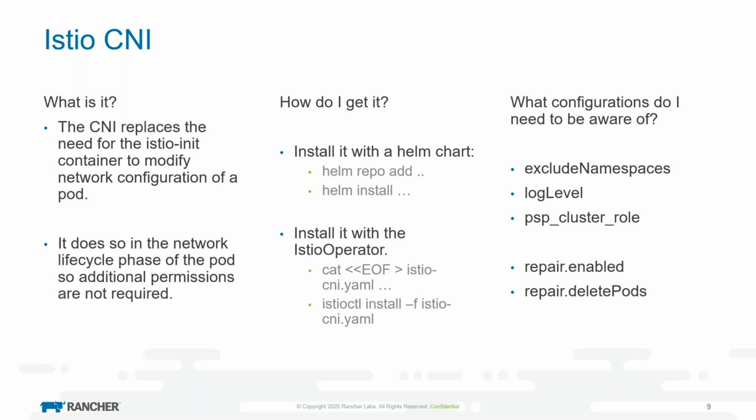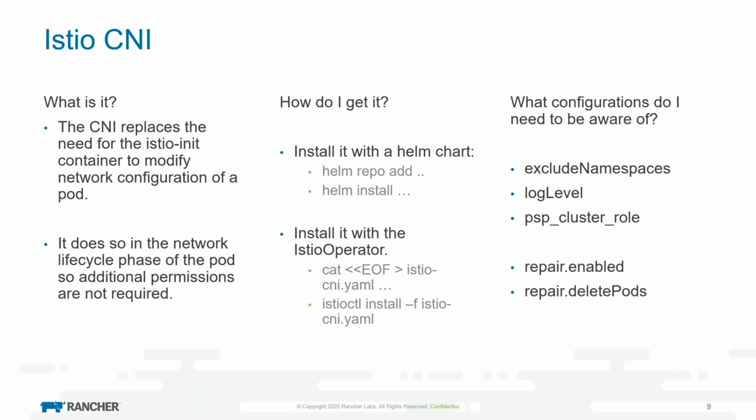And then what configurations do you have available to you when you've set up the CNI? First and foremost, probably the most important one is the exclude namespaces functionality. Excluding namespaces, you probably just want to exclude istio-system. You might have requirements that you're excluding other namespaces.